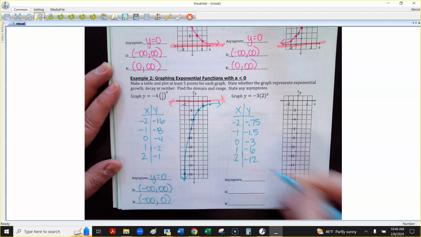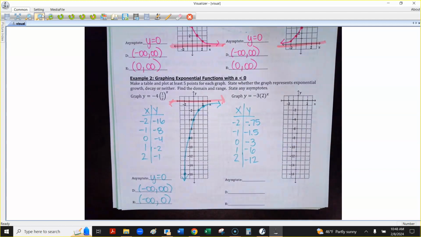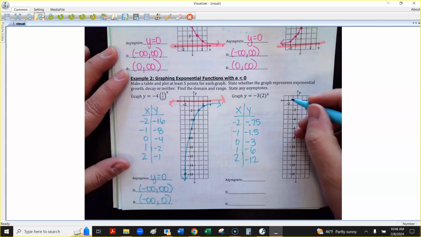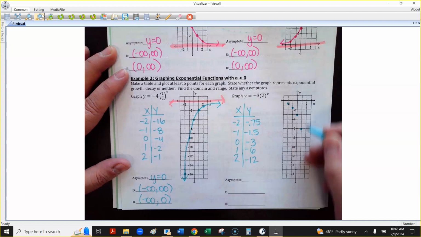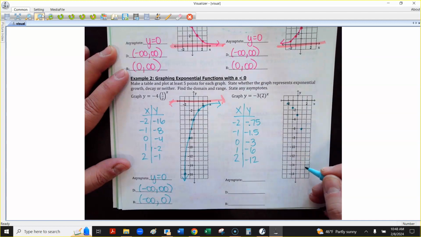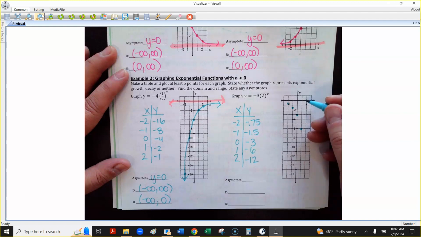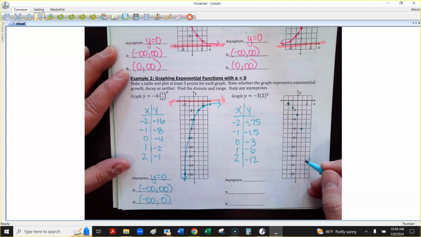So this is going to be a flipped over version of what you have directly above it. If you're graphing the -0.75 and the -1.5, just do your best to estimate. But 0, -3 is a nice point, 1, -6 is a nice point, and then 2, -12. That's a nice point too.